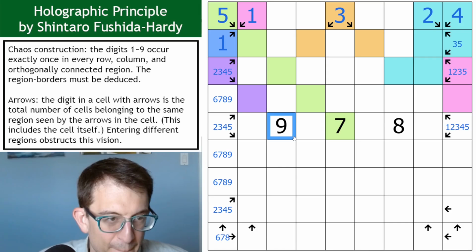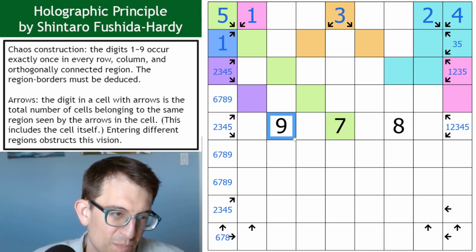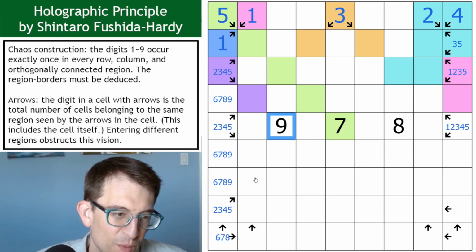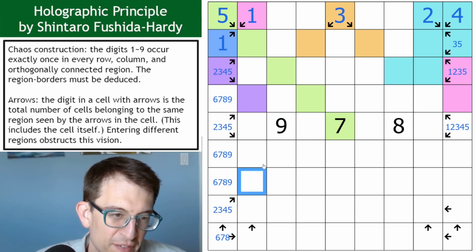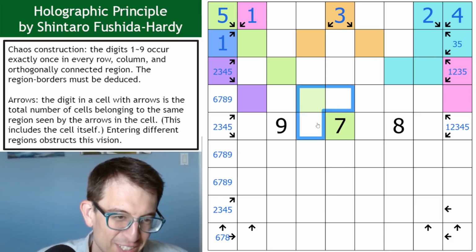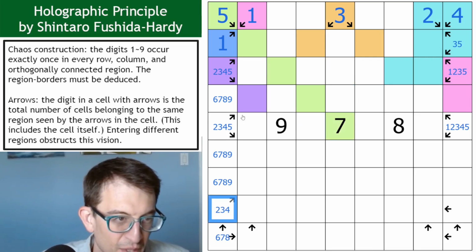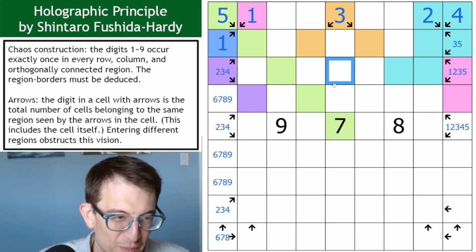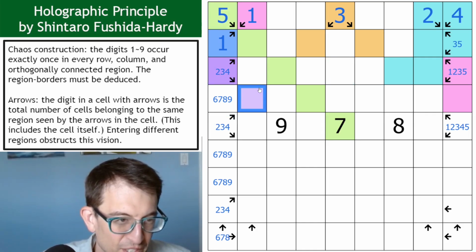Now I bet this can't be 5. Well, yeah, this can't be 5 because it would have to go to here. And how is it going to get here directly without being part of green? So this isn't 5. Oh, in fact, sorry, this is a 5. So these are just not 5 by Latin square logic.